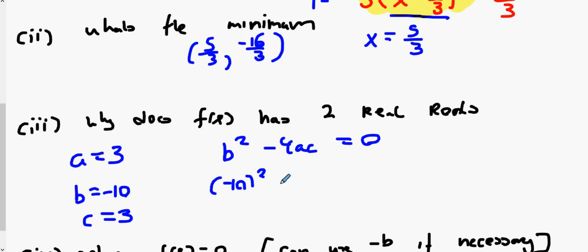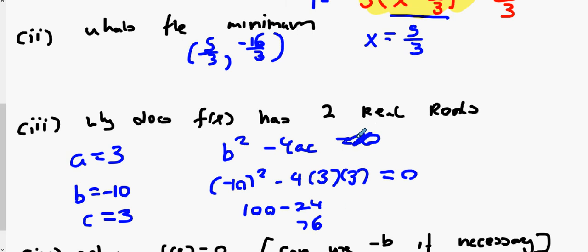Minus 10 squared minus 4 times 3 times 3. What's 100 take away 36? It's 64. That's bigger than 0, so hence it has real roots.